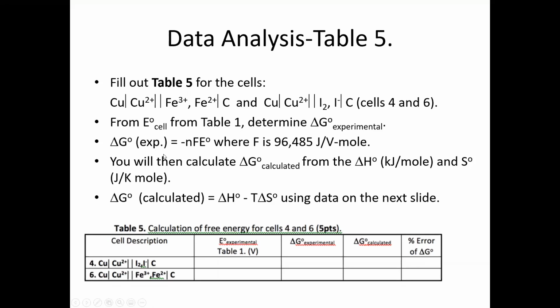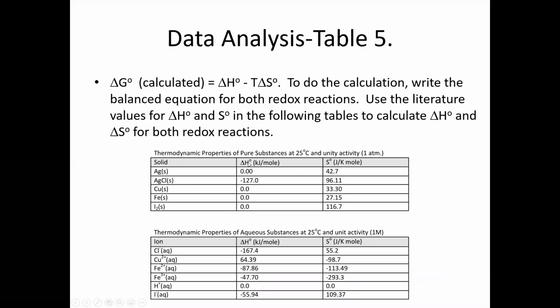There are a couple of ways to calculate Gibbs free energy. One, you can base it on the battery potential we measured from the experiment. The other, we can calculate delta G through the definition, delta H minus T delta S. The delta H and delta S are provided here.